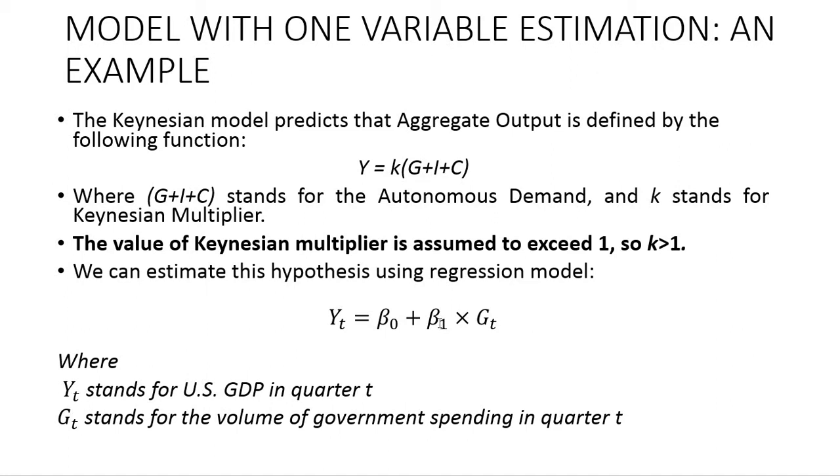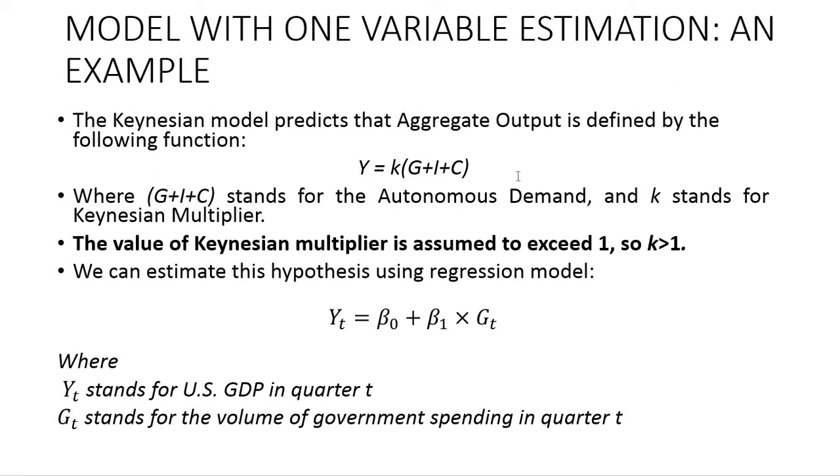Beta 1 stands for the coefficient of government spending, G_t, in quarter t, in the United States, of course. So you could notice that we estimate this model based on time series data. By the way, in the materials for this lecture, you can find all the Excel files which were used for estimation, so you can train and do it yourself.